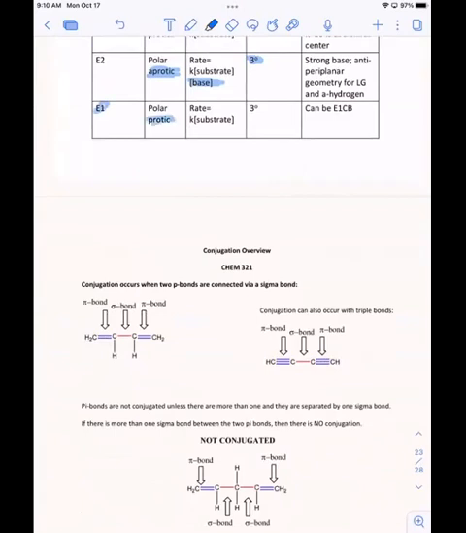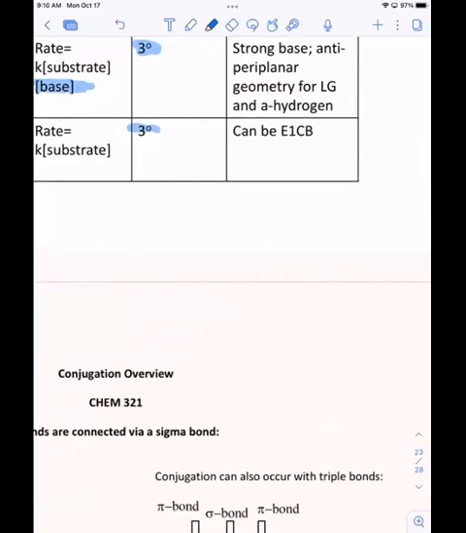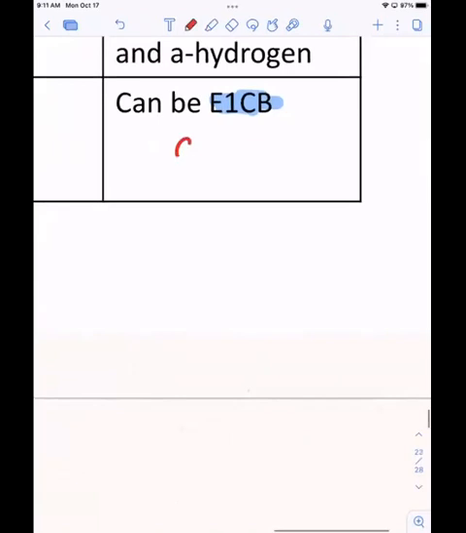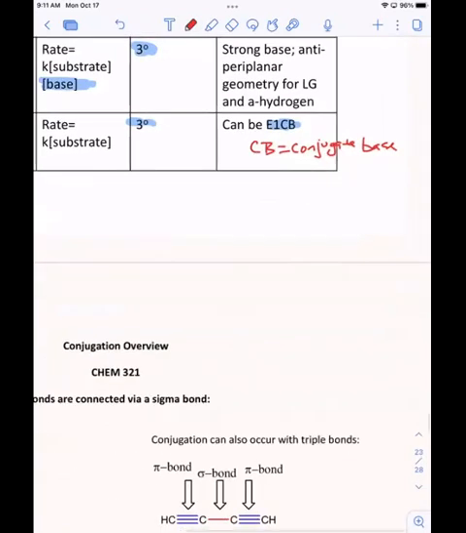right, protic solvents, just like the SN1, it's a first order rate law, just like the SN1, prefers tertiary substrates like the SN1. The only difference is once you get to the carbocation, you do elimination instead of substitution. And we talked about the fact that the conjugate base, that's what the E1CB indicates. Right, the conjugate base can come in and do the elimination step.